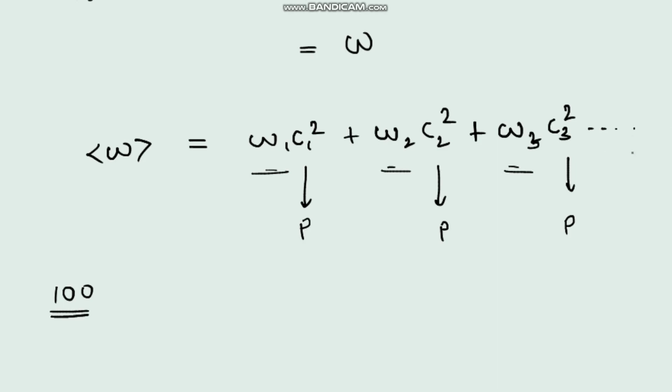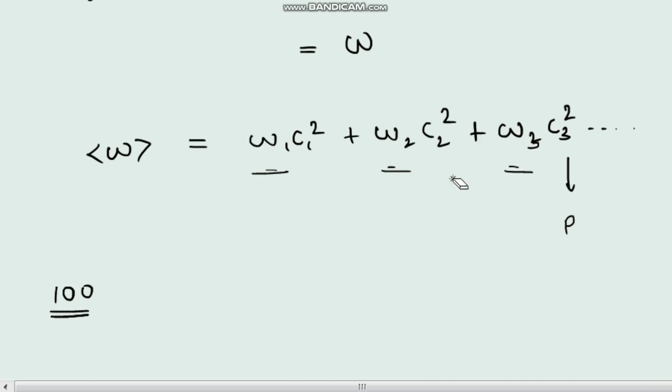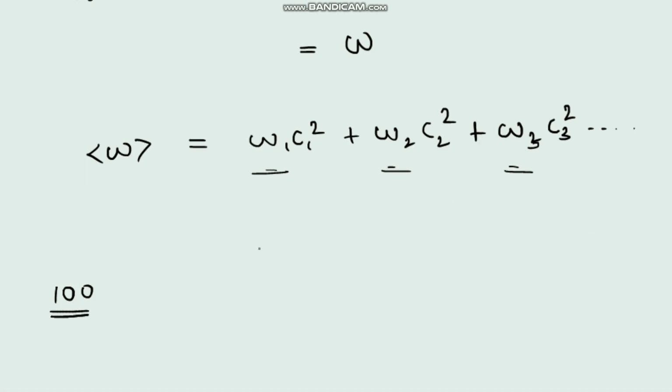So there will be just as many values as there are terms. And of course C1 square plus C2 square plus C3 square and so on will be equal to 1 only. So these are basically the fractions. So in the momentum problem above, the expectation value of momentum was P1 C1 square plus P2 C2 square.